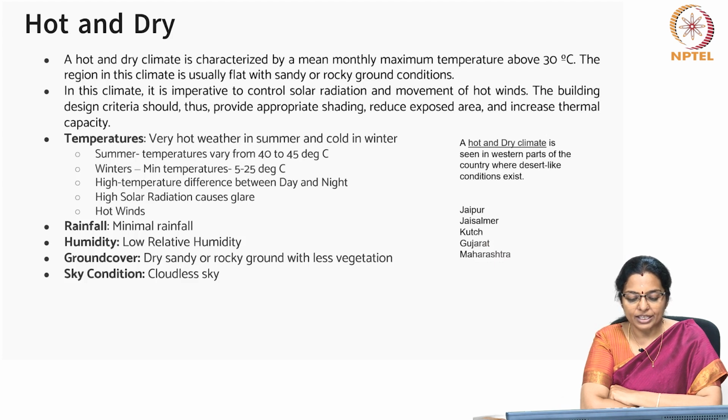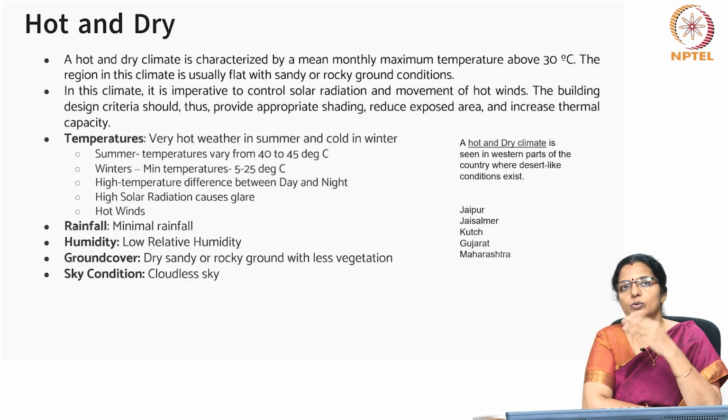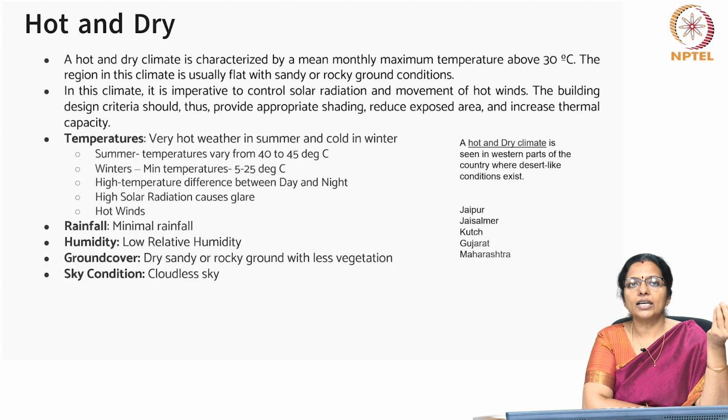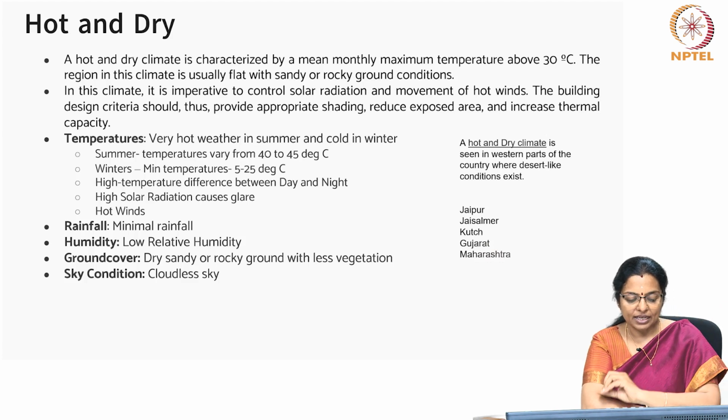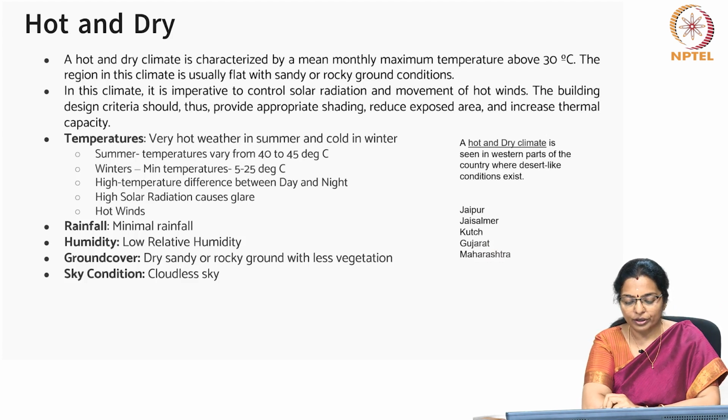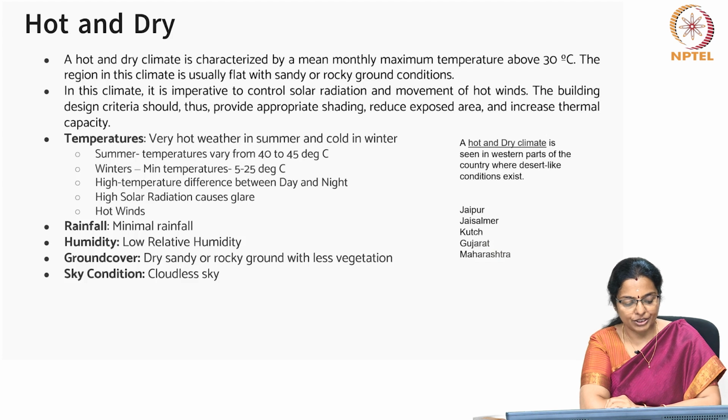High solar radiation causes glare. The winds are extremely hot drafts. There is very minimal rainfall. So you can imagine it's very hot, it's very dry, and there is very little precipitation. There is very low relative humidity, and ground cover is primarily dry, sandy or rocky ground with less vegetation.